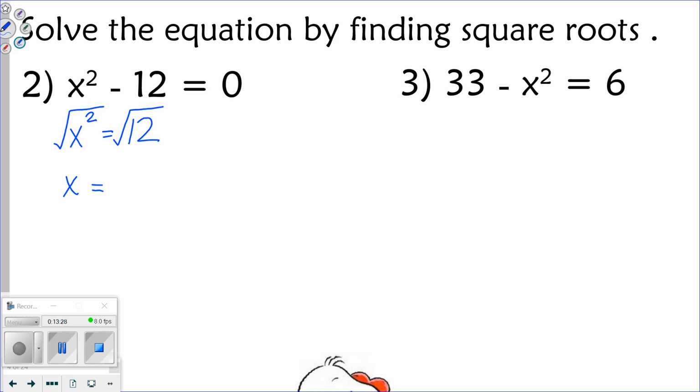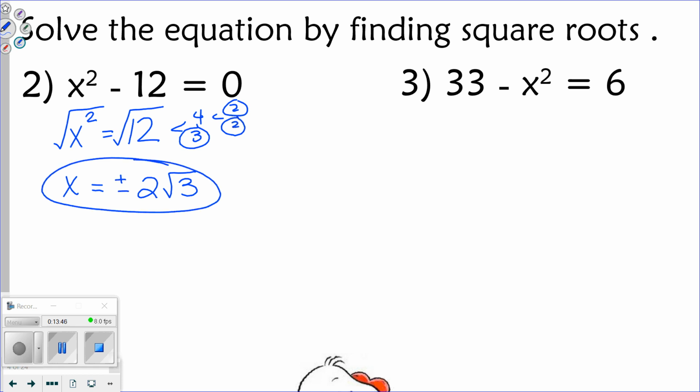No. No decimals in this classroom. All right, well, we can do a factor tree. So that's going to become 2 radical 3. And what do I need to remember? What's that rule anytime I take the square root? Plus minus. So now I have 2 answers, a positive 2 radical 3 and a negative 2 radical 3.